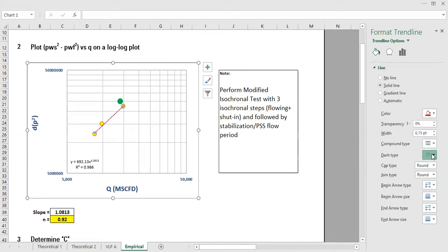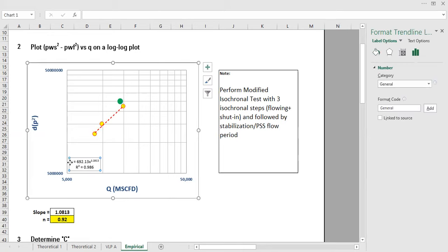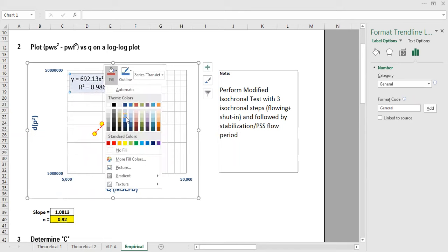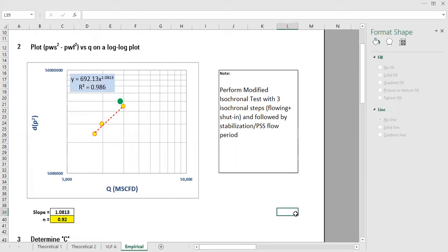So you know here, this one, and then let's change it to red, like this, a bit bolder. And we get the equation, make it to 12 or 15. All right. And then let's make the filling like this.